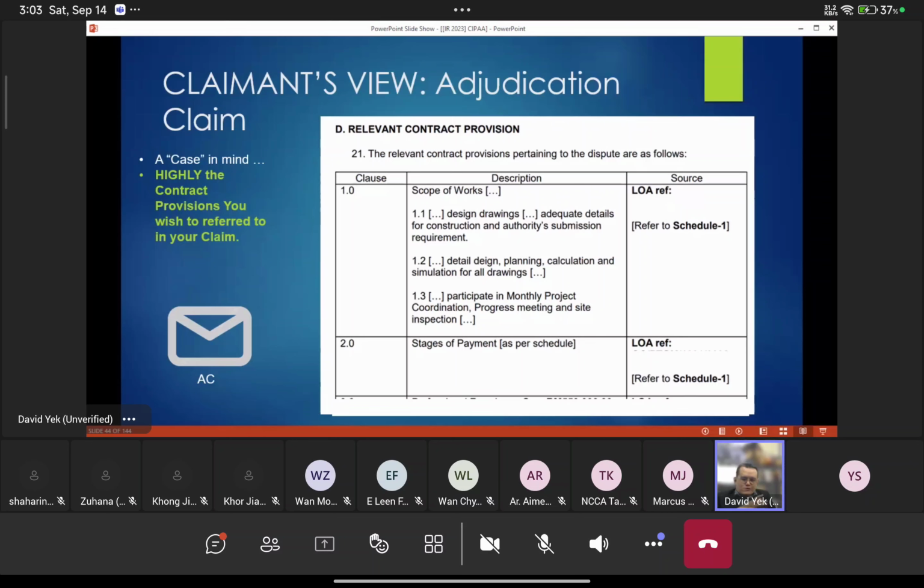He cannot pandai-pandai go to the contract and find other clauses within the contract and say that because of this, therefore he has to pay him this much. Cannot. The adjudicator's hands and feet are tied to the clauses pleaded by the parties. If the party did not bring out these clauses, the adjudicator cannot comb the whole contract and decide on his own which is the better clause to claim this money.